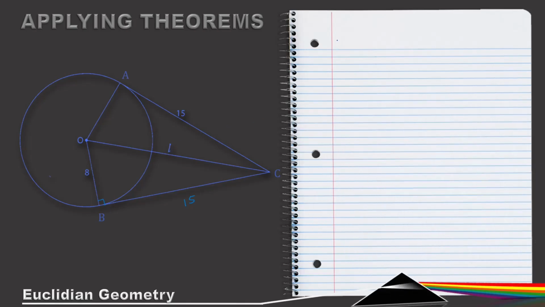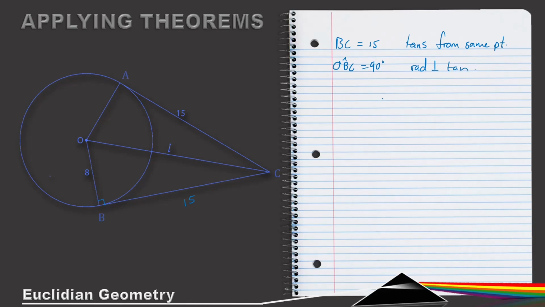Okay, so I'm going to say that BC is equal to 15, and my reason is tangents from the same point. Then I'm going to say that OBC is 90 degrees because the radius is perpendicular to the tangent.